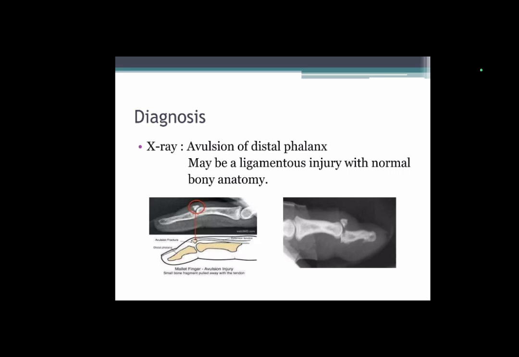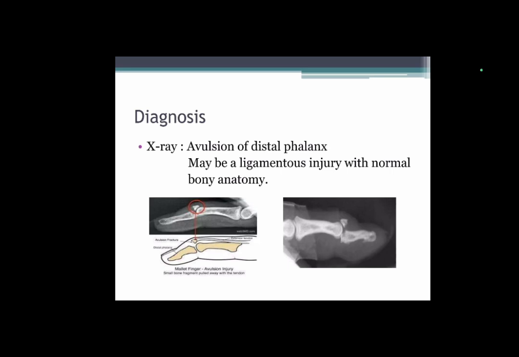X-rays are taken in anteroposterior and lateral view to identify any avulsion fractures, assess joint alignment, and exclude associated fracture or dislocation.